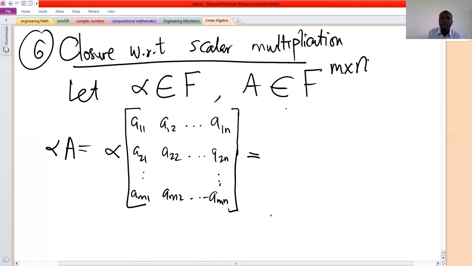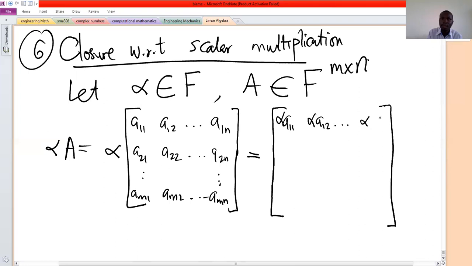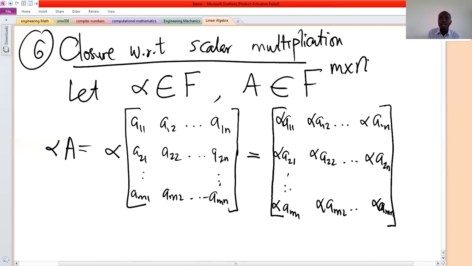Since scalar multiplication is defined on matrices, alpha multiplies every element. So we'll have alpha A11, alpha A12, up to alpha A1n, alpha A21, alpha A22, up to alpha A2n, and alpha AM1, alpha AM2, up to alpha AMN. And you see this resulting matrix is also of order m by n, so it is a matrix in this set F of all m by n matrices.